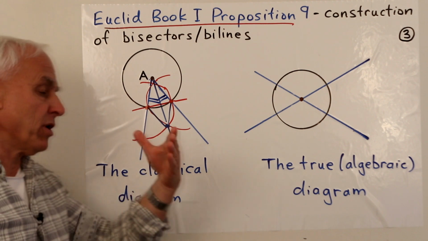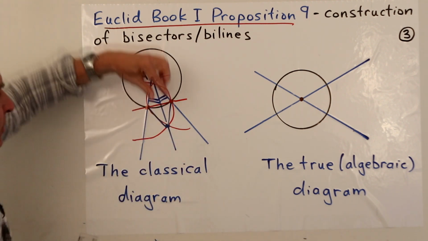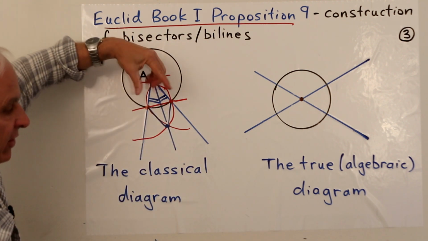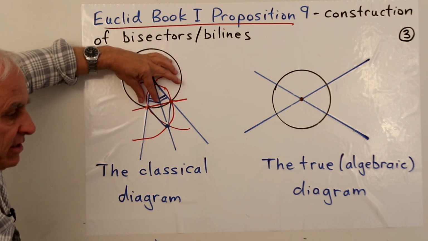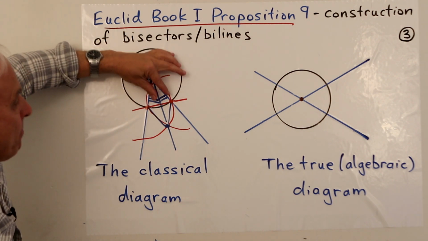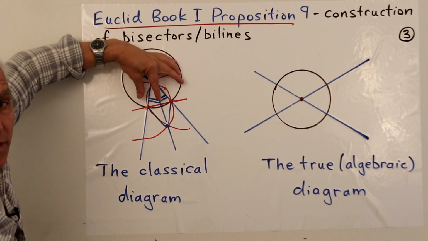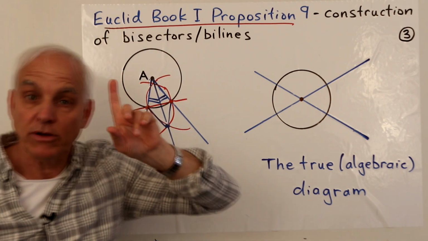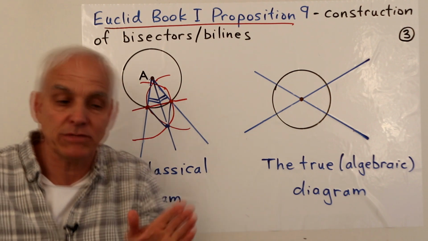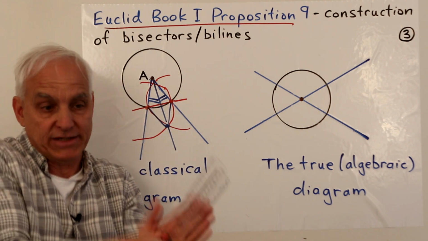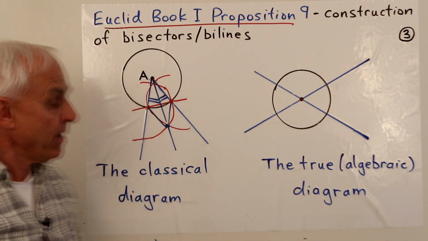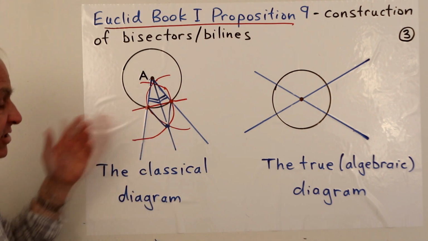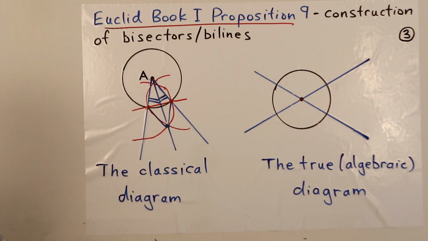As far as Euclid would have stated it, he would have said this angle is equal to that angle in the sense that this geometrical configuration is the same as this one, in terms of picking this up and putting it down over there. So he does not actually talk about angle measurement. He talks about angles as geometrical objects that can be moved and superimposed on each other. But in any case, that's how the classical story of angle bisectors is usually explained.